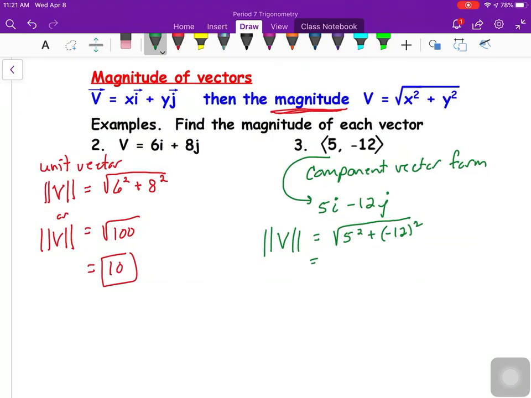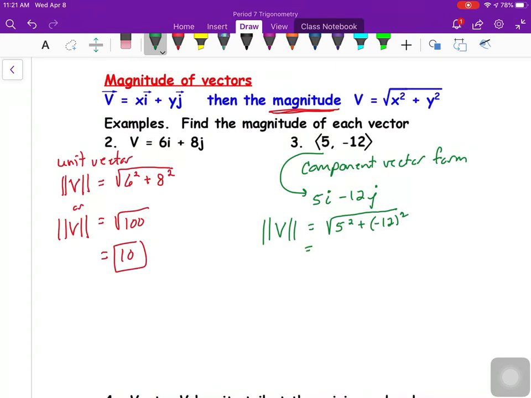So we would still find the magnitude in the same manner. It would be the square root of 5 squared plus negative 12 squared, and 5 squared plus negative 12 squared comes out to be 169.